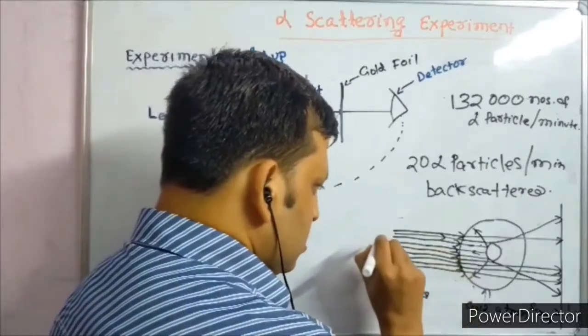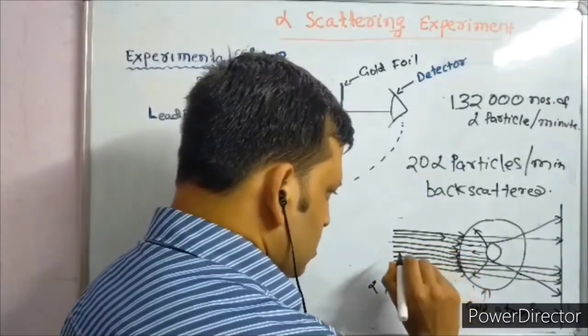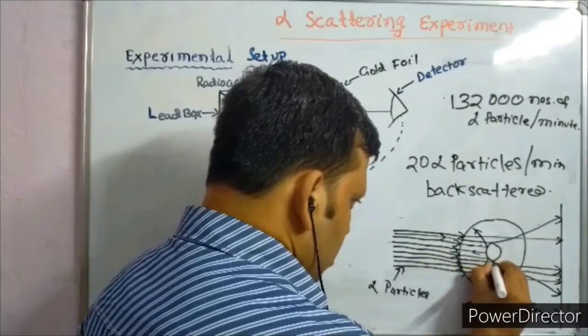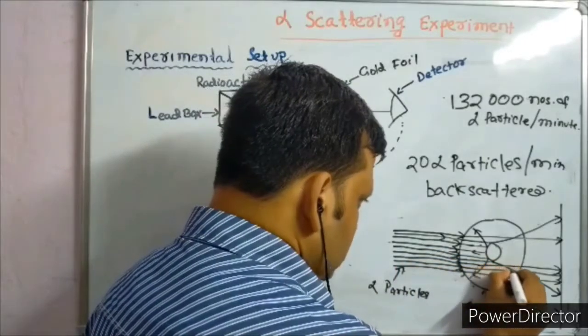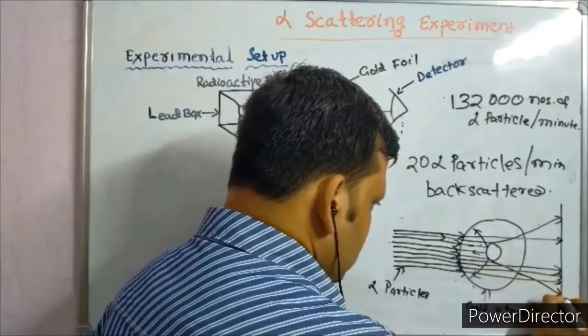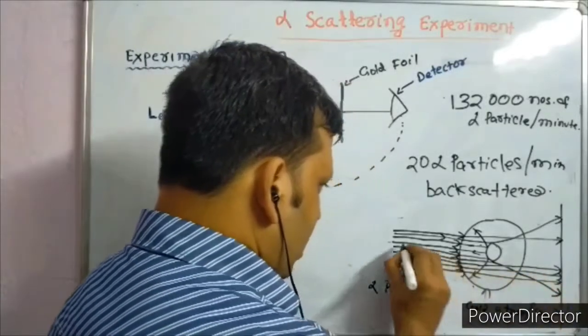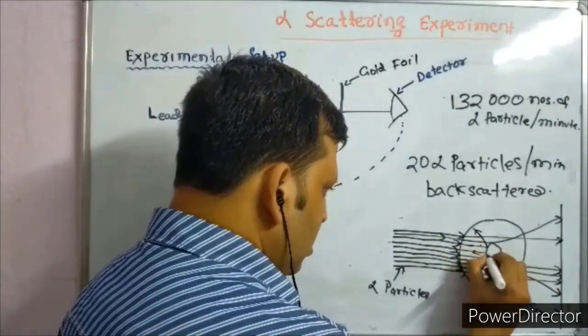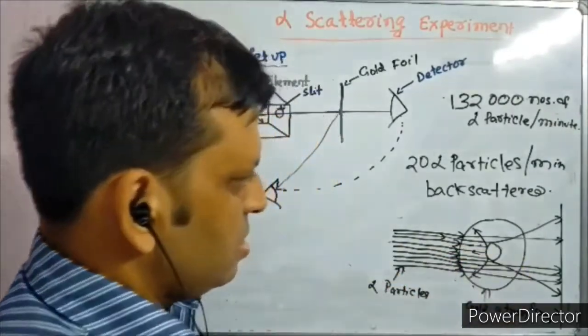And whenever this alpha particle strikes the thing at this point, it gets deviated and strikes the screen over here. And this alpha particle, whenever it strikes the thing, it comes back.